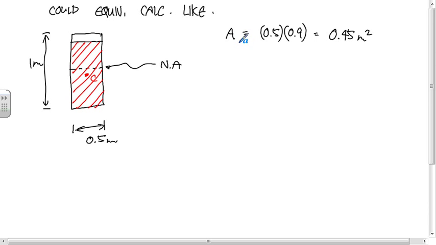Well, it's going to be the average of positive 0.4 and negative 0.5. So YC is going to be equal to negative 0.05. That's just positive 0.4 plus negative 0.5 divided by 2.